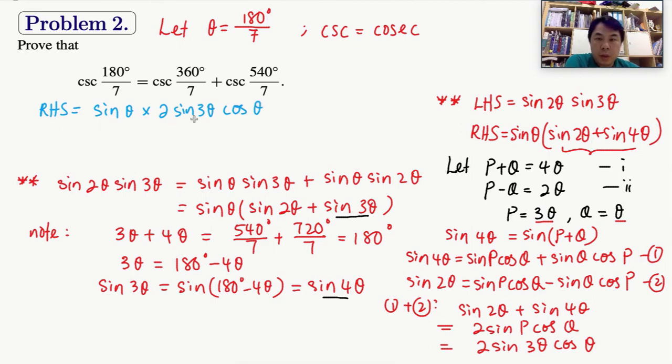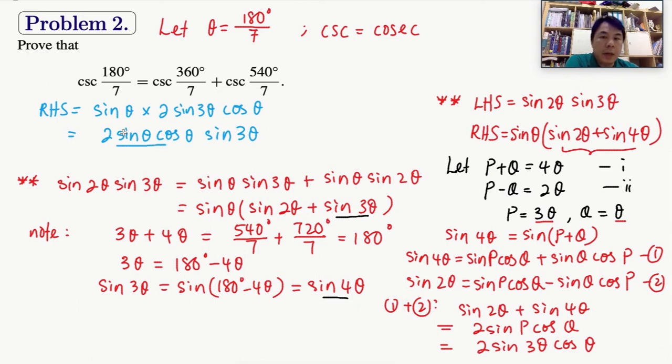Okay, now that's what we have. That will be the same as 2 sine theta cos theta sine 3 theta.